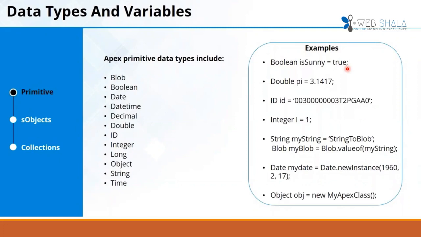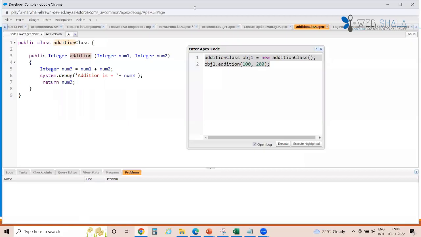What is the purpose of this data type? Whenever we are defining any variable, for example, we define our variable of integer type, integer num3, number 3. We took integer because we are defining that the number should be of integer type, like 100 or 200.